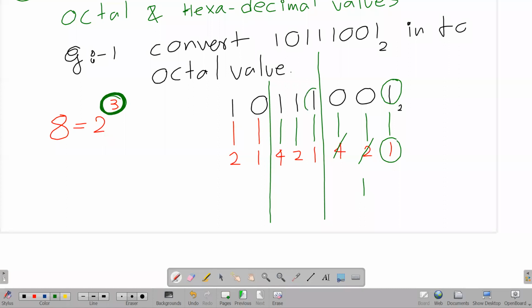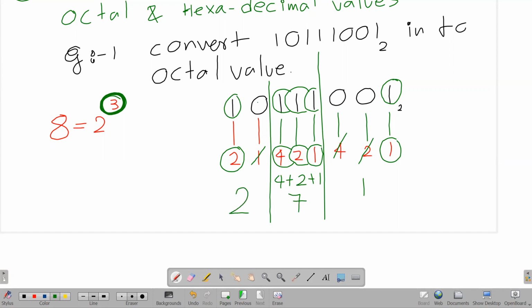And here you got 1 in every particular place, so we are going to consider all 3 place values, which gives you 4 plus 2 plus 1, which is 7. And here you got 1 above the positional value 2, and there is a 0 over here, so we disregard this one.